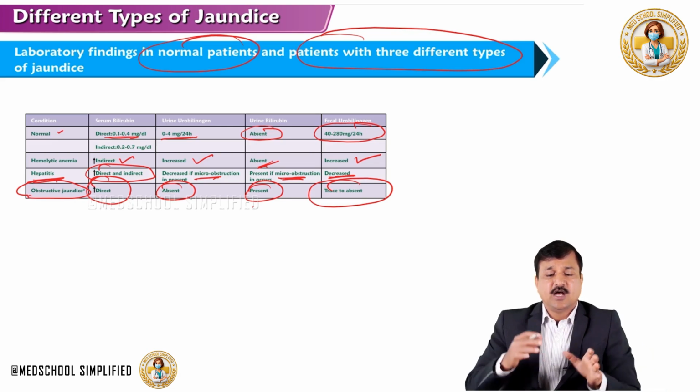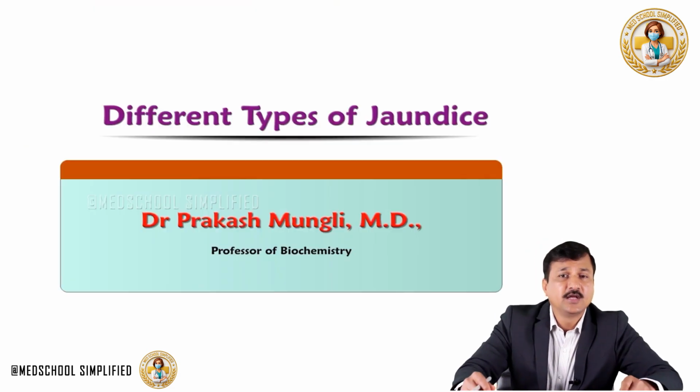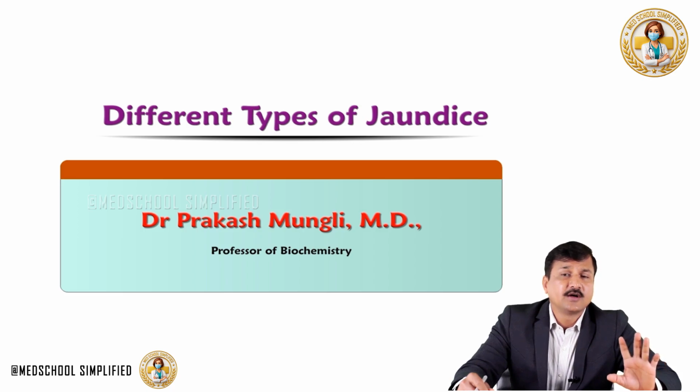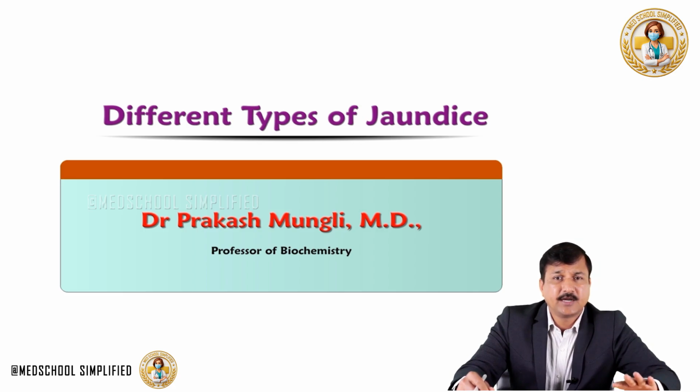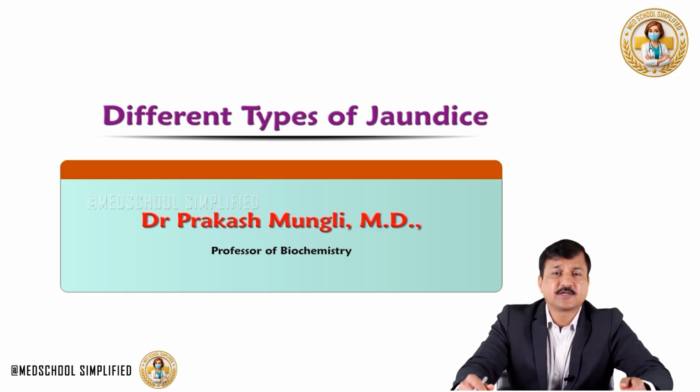So this is how we can differentiate different types of jaundice, both on laboratory serum values and urine values, and also some of the signs and symptoms, according to whether it's pre-hepatic, hepatic or post-hepatic jaundice. So that's about different types of jaundice.